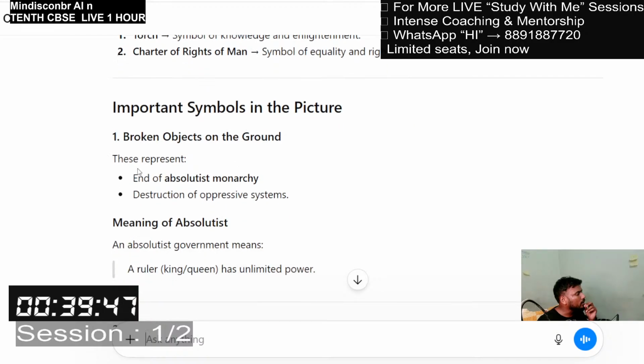Broken objects on the ground represent the end of absolutist monarchy, destruction of oppressive systems. In the figure you can see that there are crowns and some monarchical things that are destroyed. So this indicates the destruction of oppressive systems or the end of absolutist monarchy.